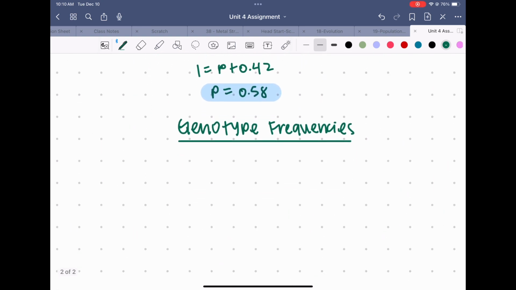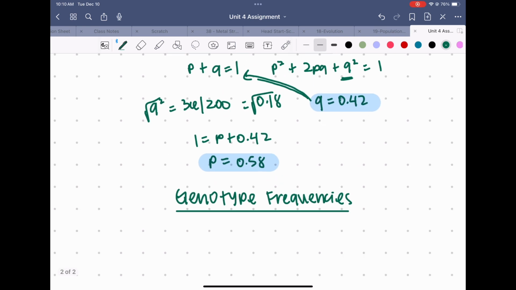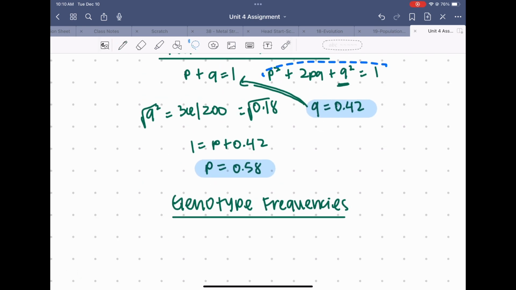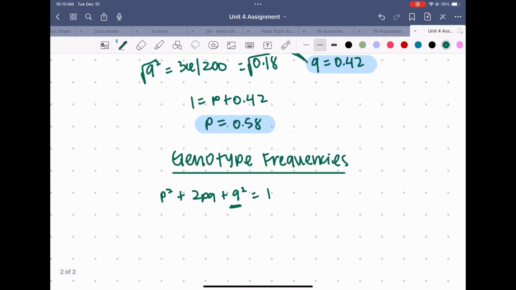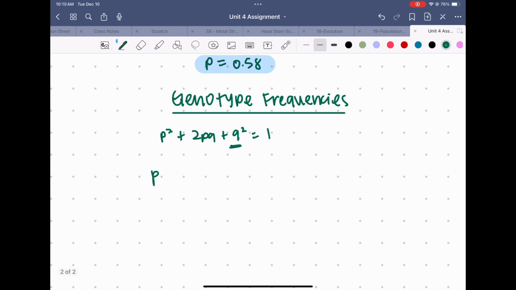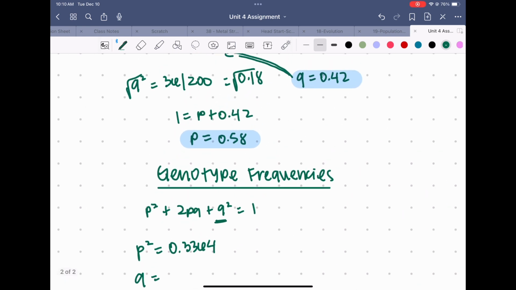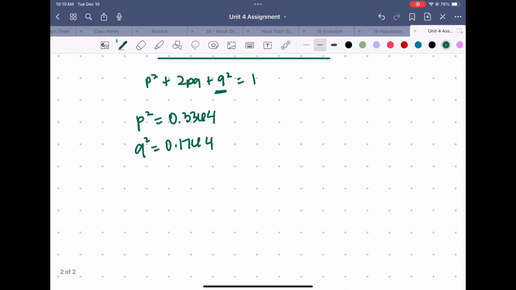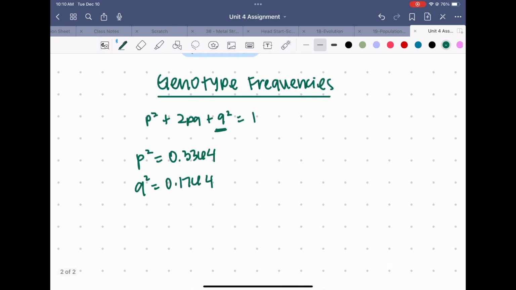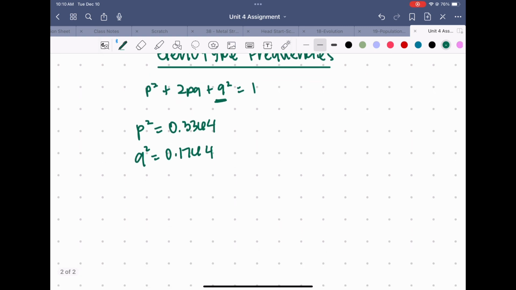So then we can go down to our genotype frequencies, and we can take this equation. So we know that P is 0.58, so P squared is 0.58 squared, which is 0.3364, and our Q is 0.42, so that squared is 0.1764, and we can plug these into the equation to find what our genotypes are going to be.